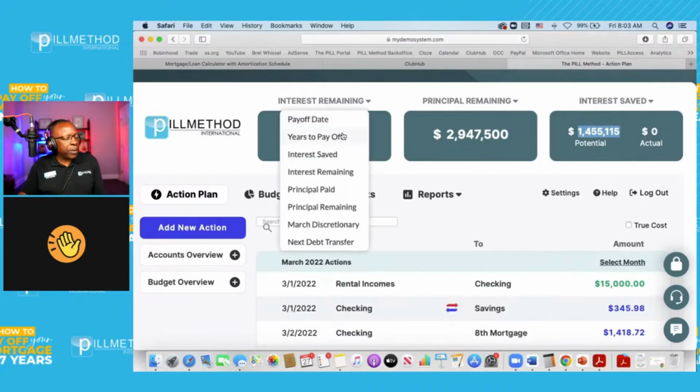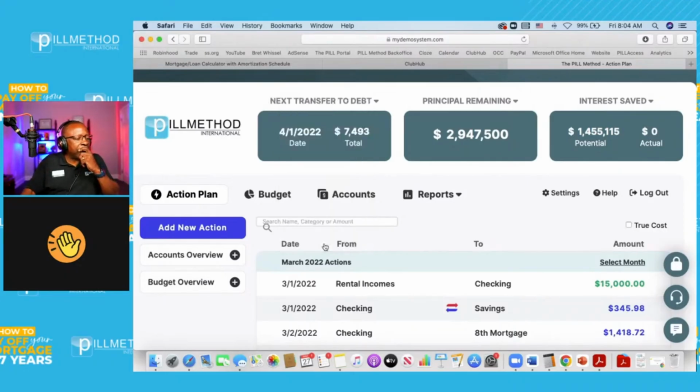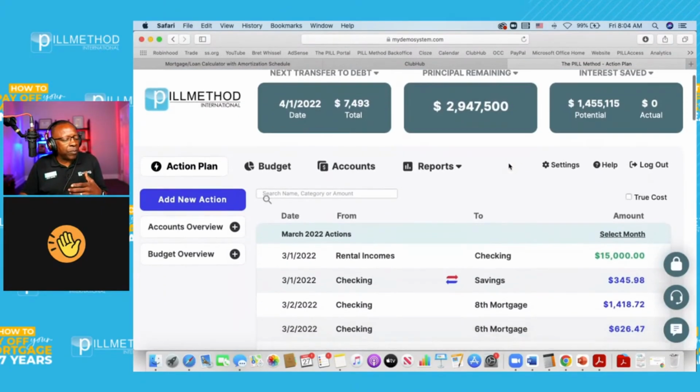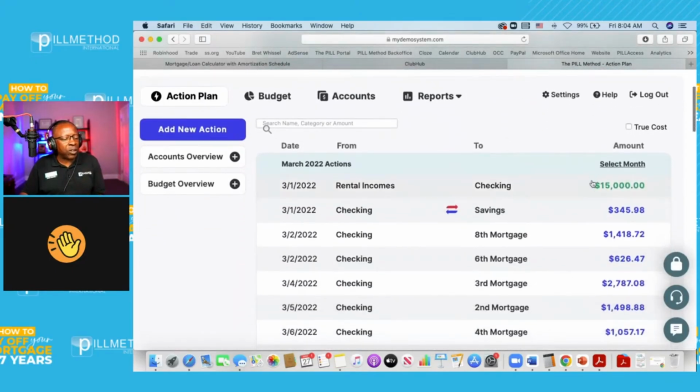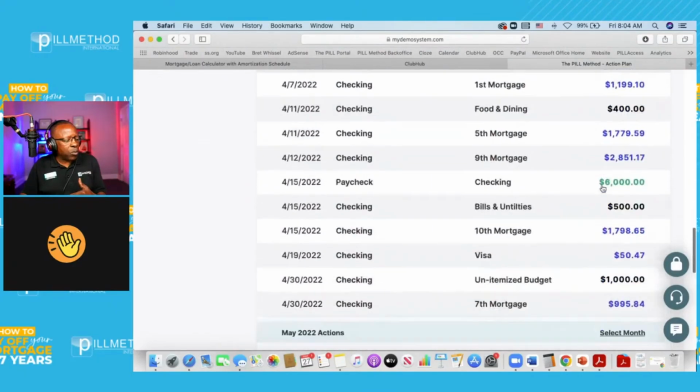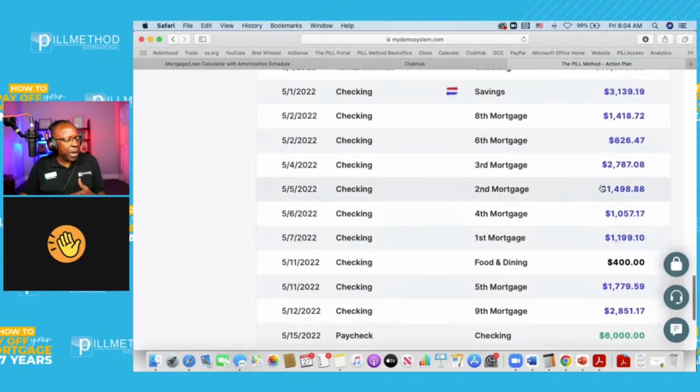Let me get in here. Let me show you how we know what to do here. All right. So we're going to change this back to the next debt transfer, and we're going to keep this here. Now, this is Mr. Jones, and he has this property, and here is his rental income here. We can actually see 3 months at a time in this program. We got March, April, and the current month, May.